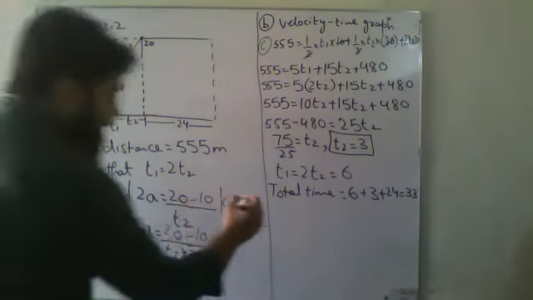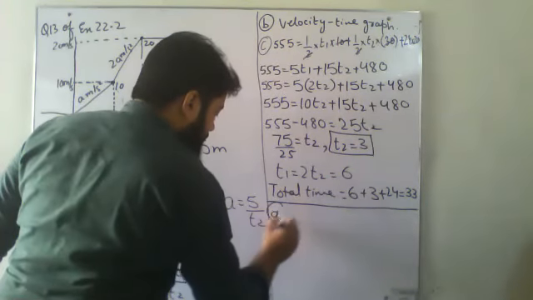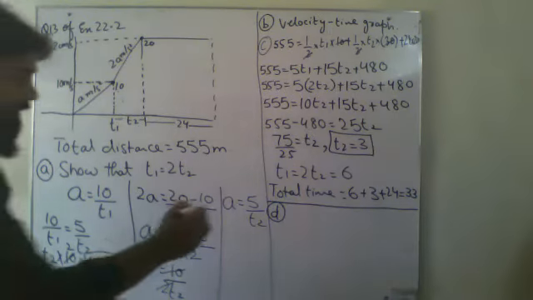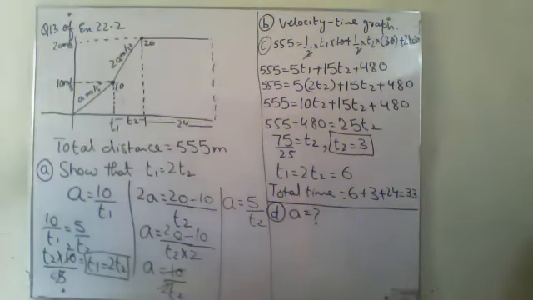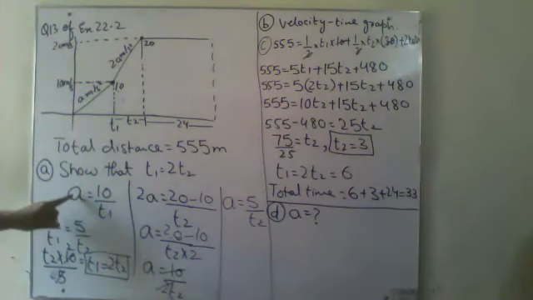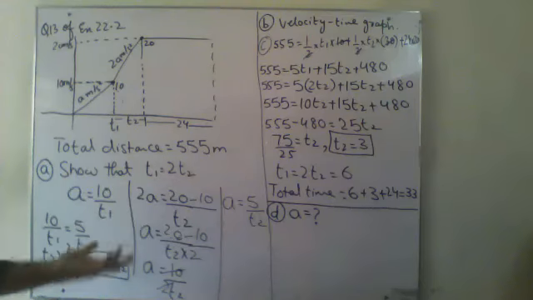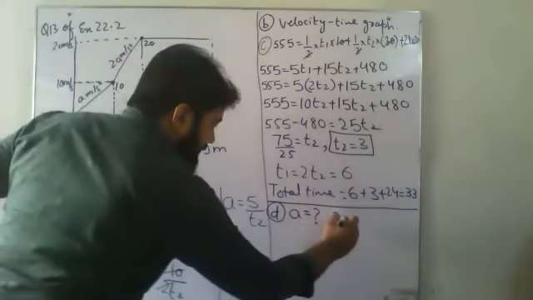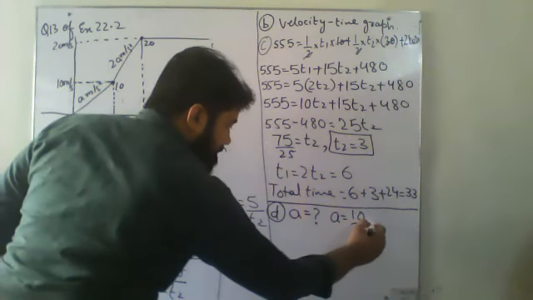Now, D part of the question is saying that I have to find the value of A. Okay, so simply I know that A equals to 10 over T1. I can take this or I can take this value, whatever you want to. So I'm taking this one. A equals to 10 over T1.